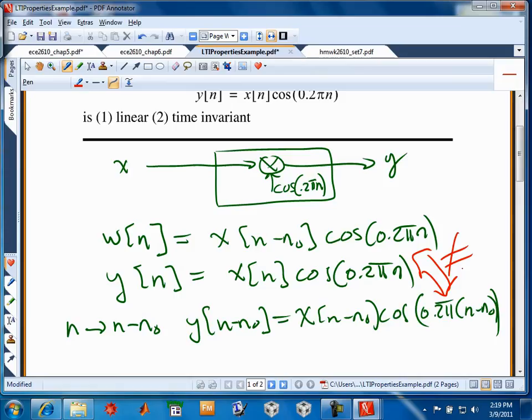The common mistake that people always make in this, whether they be in this class or even in the graduate signals and systems class, is that you think when you're delaying the input, which is in calculating this line, that you're entitled to replace that n by n minus n naught. But just think about it. Why don't you do that? Because you're delaying it before it goes into the system, and the system doesn't know what's going on with the input.